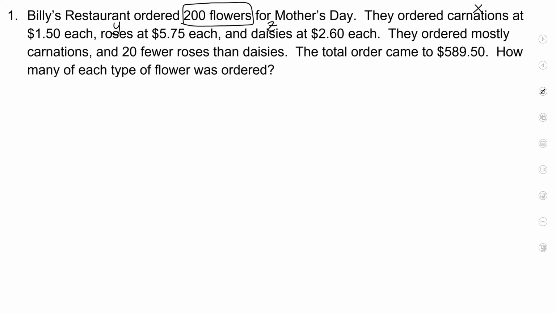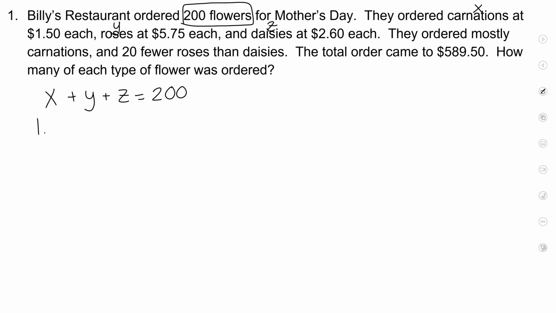So I have my variables X, Y, and Z. He bought 200 flowers total. So guys, your first equation, he bought carnations and roses and daisies. And he bought 200 items total. That's your first equation.